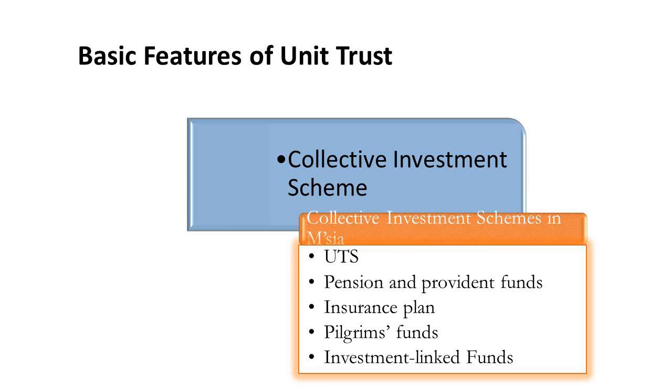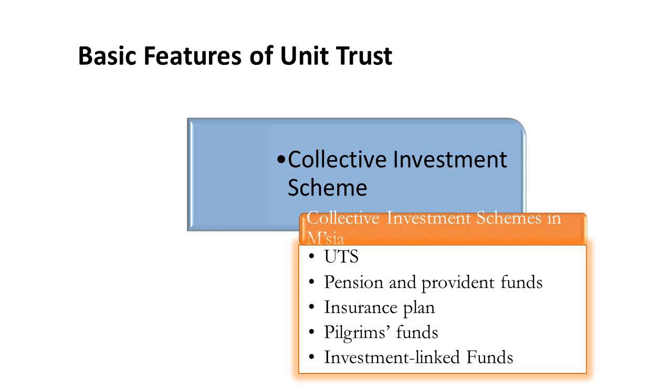Besides that, you have your insurance. Insurance policies are also like that. The premiums are collected into the fund, and the insurance company managers buy into their own authorized investments. Next one, your pilgrim fund, Tabung Haji. You contribute every month, right? Similar concept. And the other one, investment link.